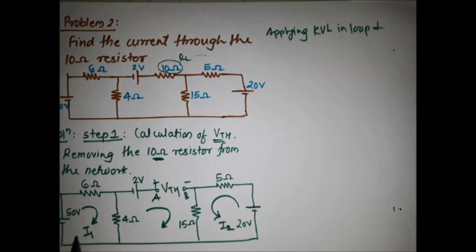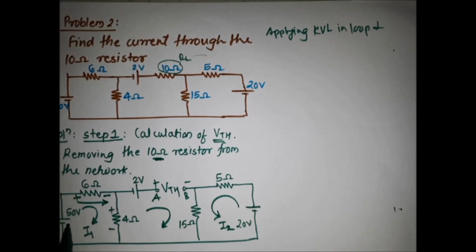For applying KVL we use sign conventions. The current I1 is in the clockwise direction, so the starting terminal is plus, the end terminal is minus.